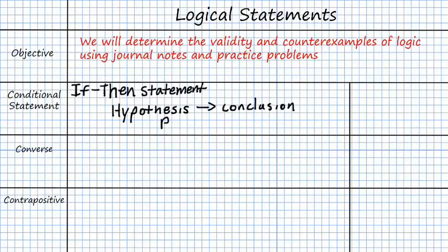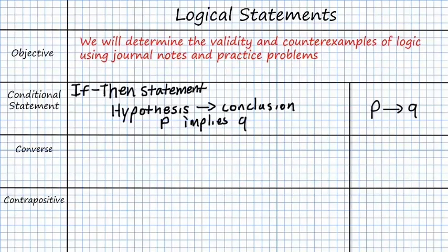So we would write this as P implies Q. P is my hypothesis, or my first statement, and Q is my conclusion, or my second statement. Mathematically, I've got P, and then this arrow, which means implies, Q. Or if P, then Q.